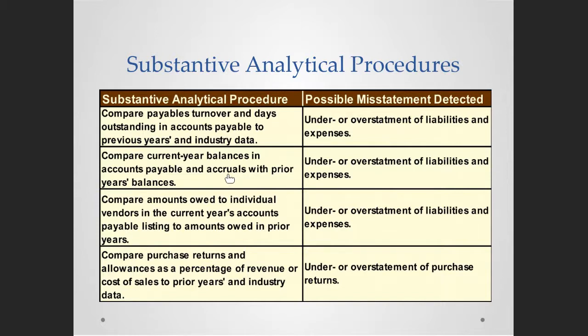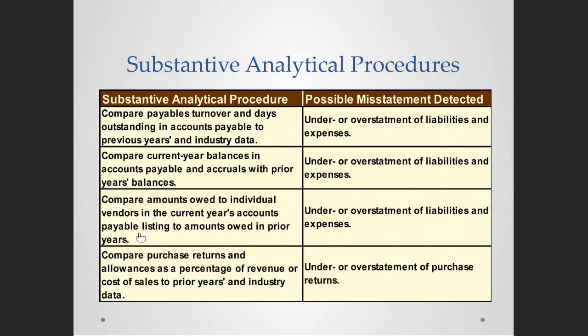Okay. The next we look at, compare amounts owed to individual vendors in the current year's accounts payable listing to amounts owed the prior year. So the client would give us a list of all accounts payable by supplier. So let's say the client purchased from Al Rayyan Water Company and the payable last year was 10,000 rials.